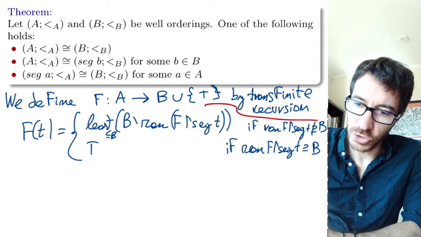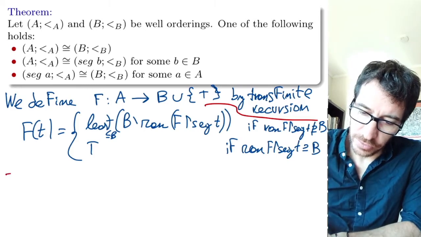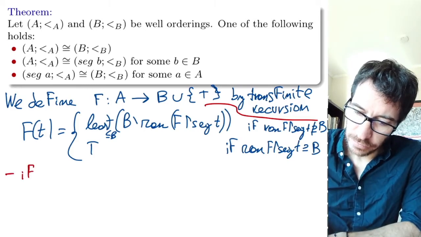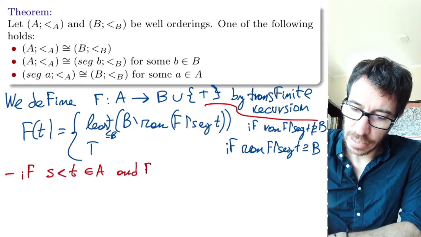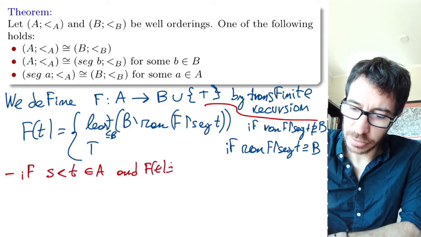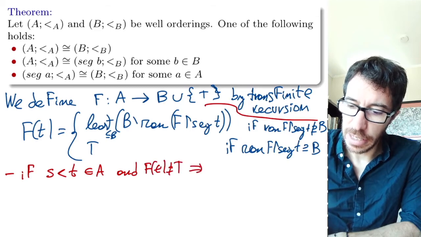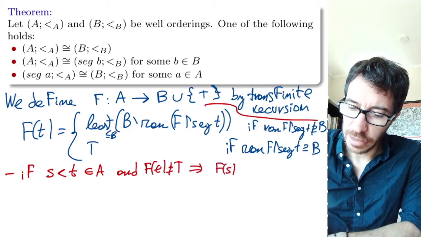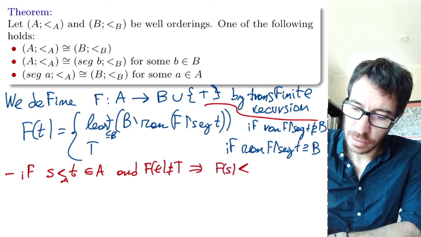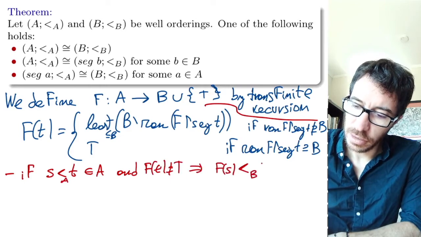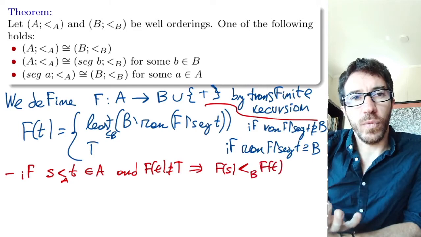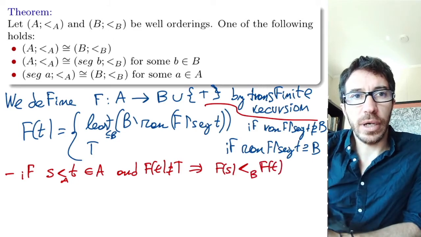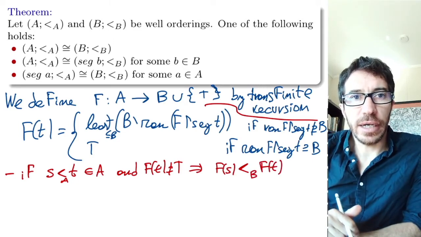Okay, so let's see that this works. So what do we need to show? There are a few things. First, if s is less than t, there are two elements of A, and f of t is not top, then f of s is less according to B than f of t.